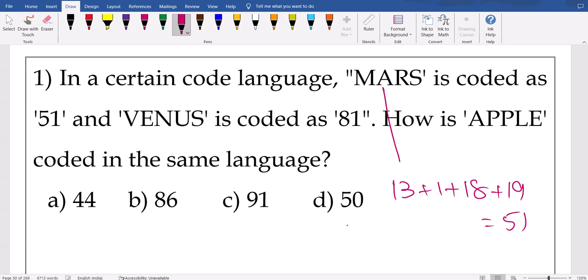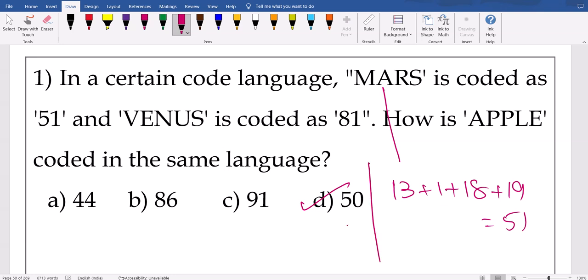To cross check, they have given Venus is 81. For cross checking, if you are confident, directly go and attack Apple, or you can cross check with Venus. So Apple: 16 plus 16 is 32, 32 plus 12 is 44, 44 plus 6 is 50. Option D is correct.